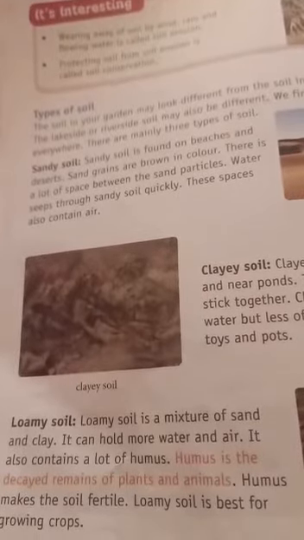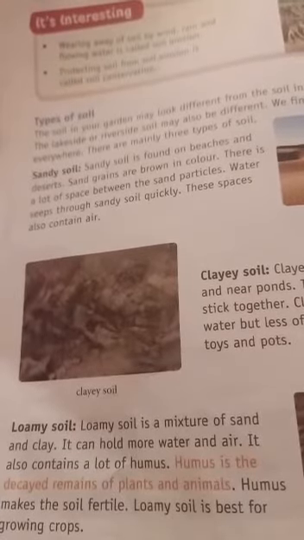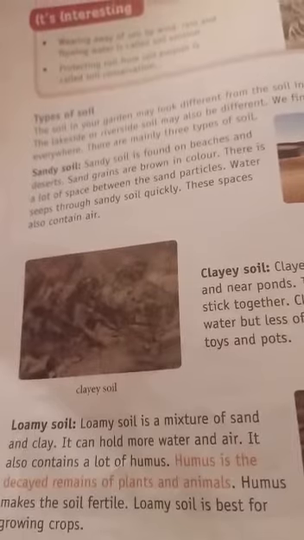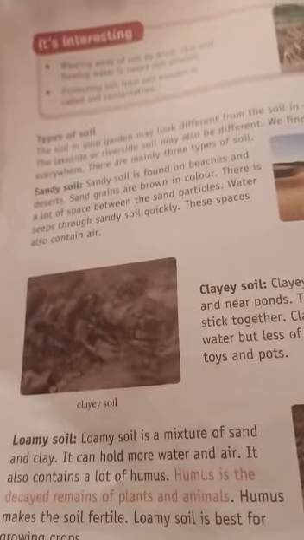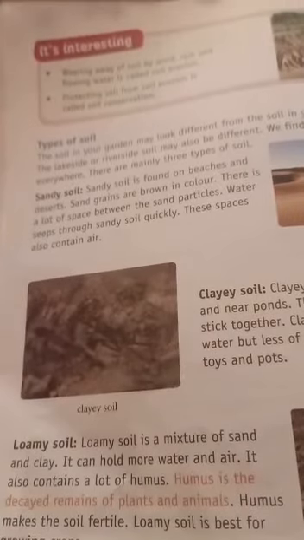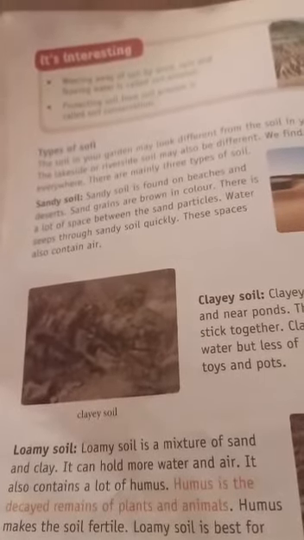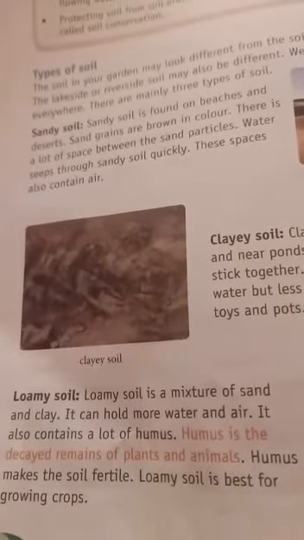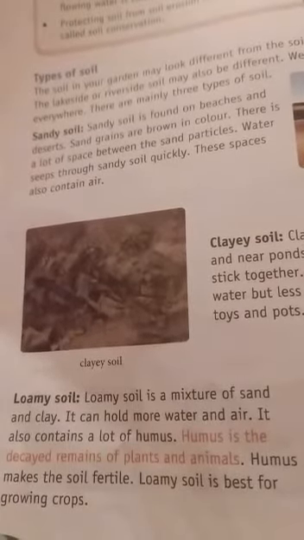Humus means made up of dead and decaying parts of plants and animals. This humus makes the soil fertile, and it is the best soil to grow crops for farmers. It is the best soil for growing crops because it can hold more water and air.